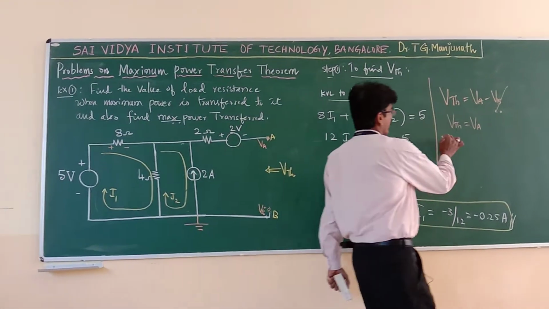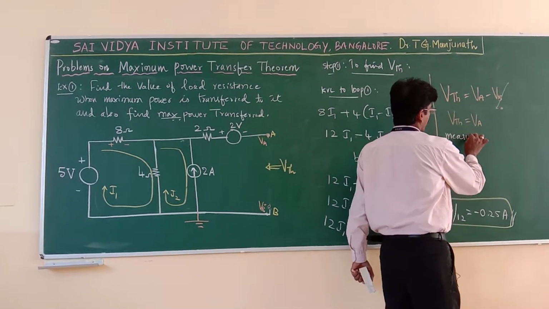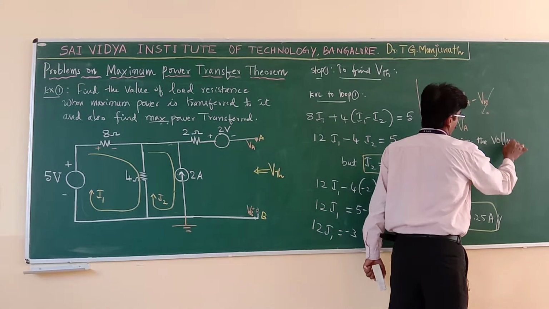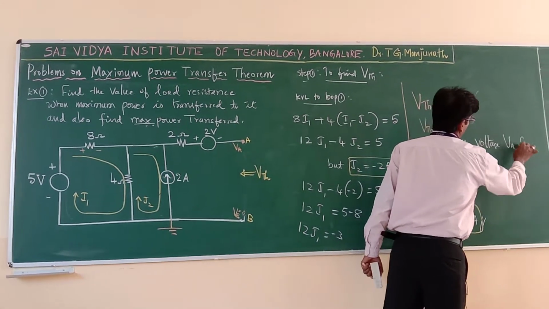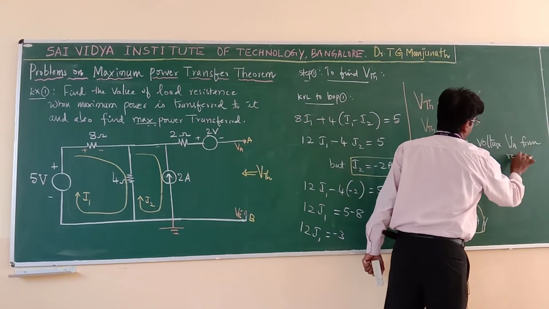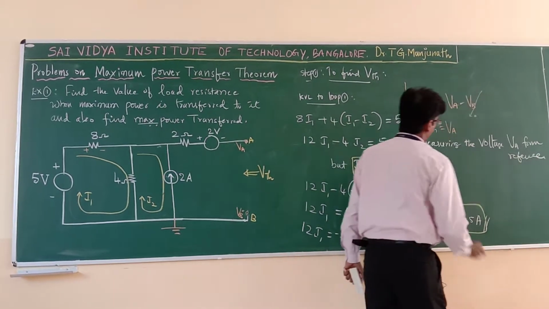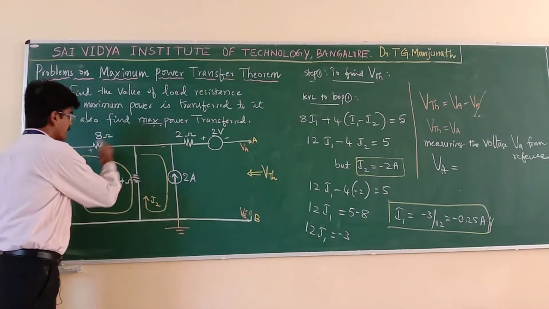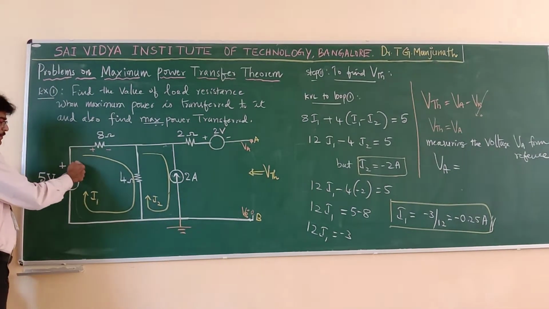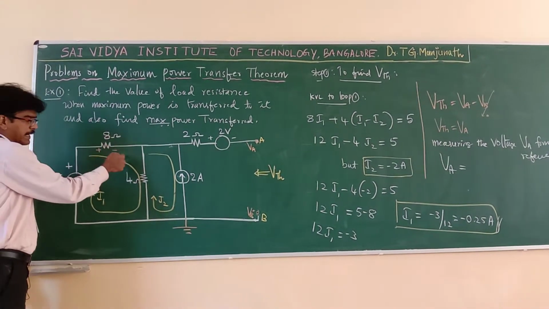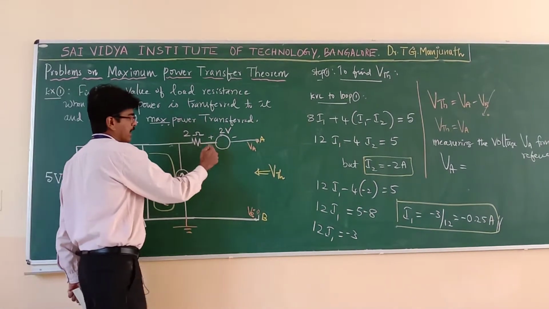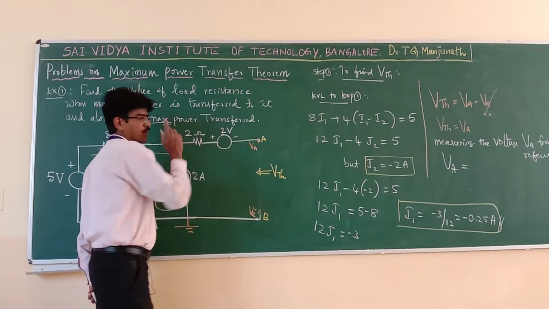Therefore, measuring the voltage VA from the reference, VA is equal to what? Let us move like this, minus to plus, plus 5, plus 2 minus, minus 8 into I1, again plus 2 minus, minus 2 volts.